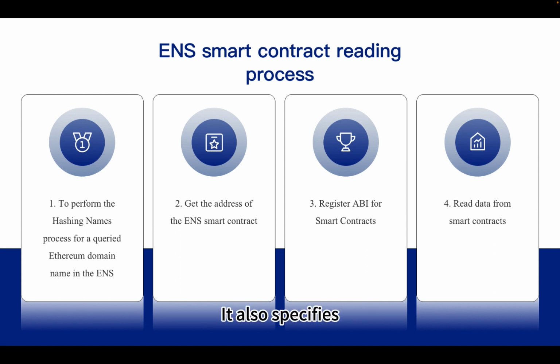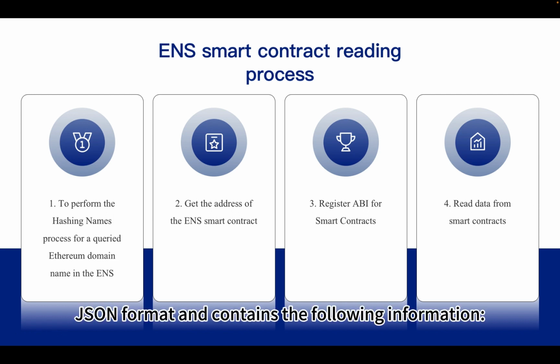It also specifies the method of invoking the smart contract, and the manner in which parameters are passed. The API of a smart contract is usually stored in JSON format and contains the following information.